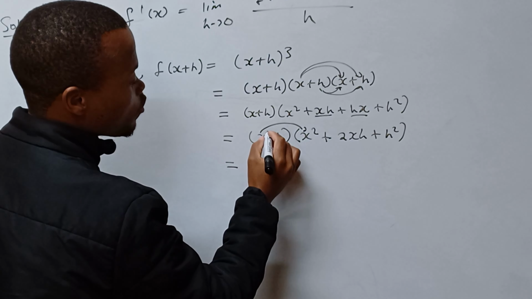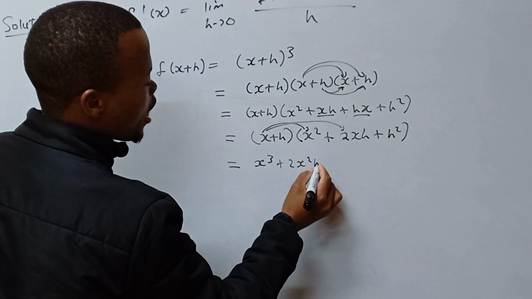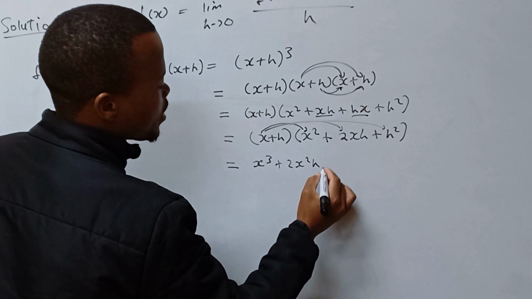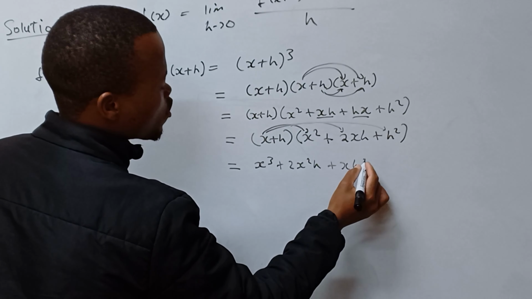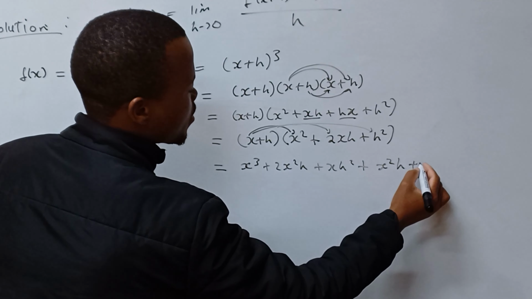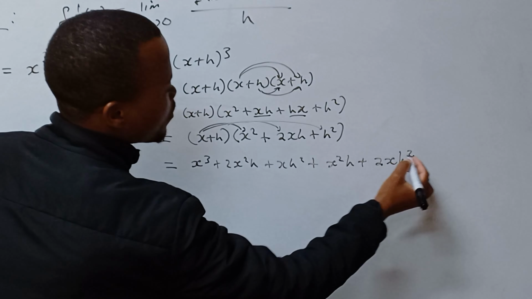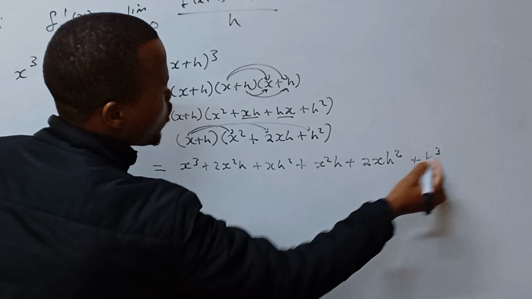x times 2xh, you get 2x squared h, x times h squared, you get plus xh squared, plus x squared h plus 2xh squared and then plus h cube.